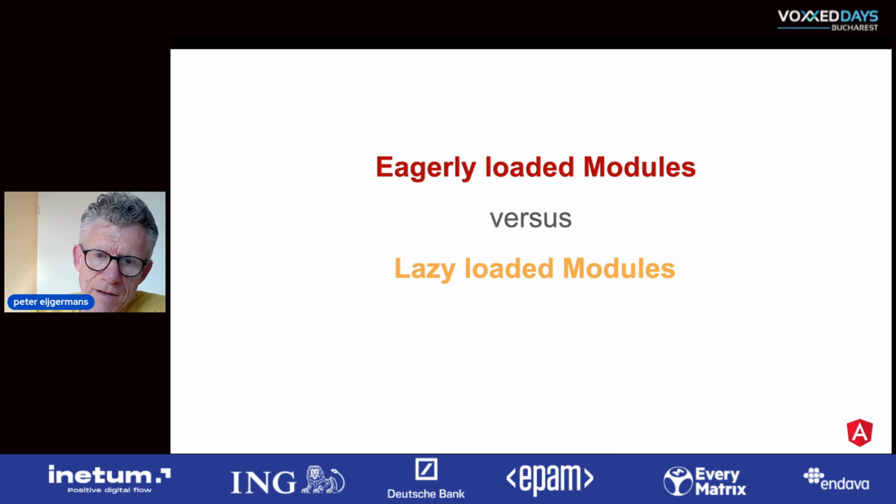They are created in the routes. They are loaded via routes, and the advantage of lazy loaded modules is that the initial bundle size is smaller, and it decreases the load time of the application. That's very good.